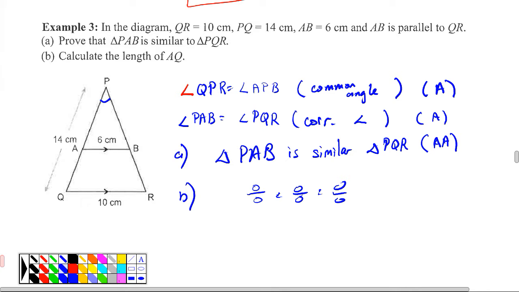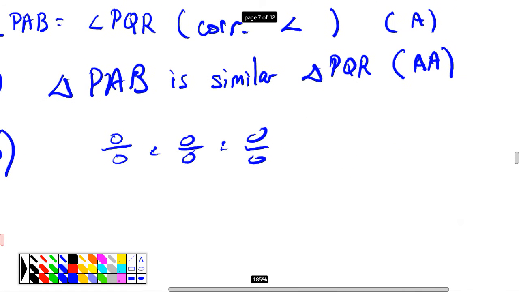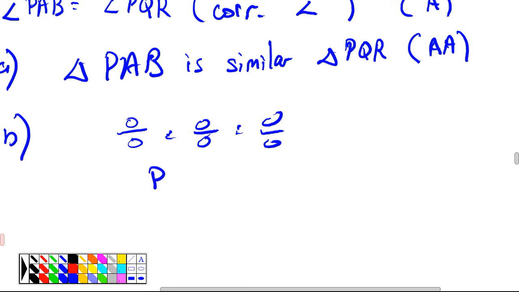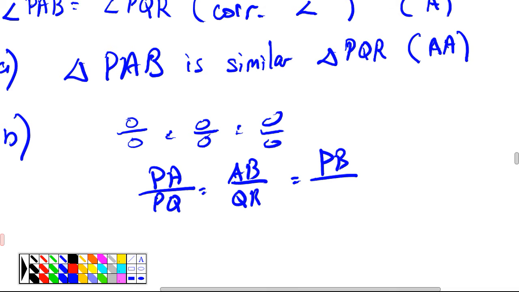Don't care what they ask first, write down the 3 ratio. AB over QR equals PB over PQ equals PA over PQ. Correct. Next, look at the one they want you to find. They want you to find AQ.